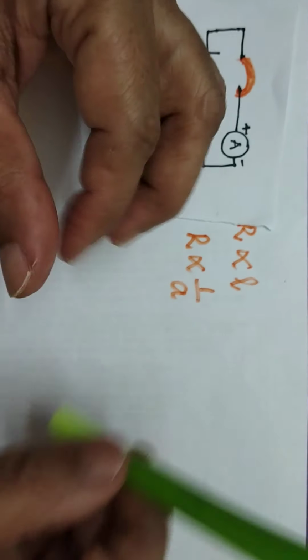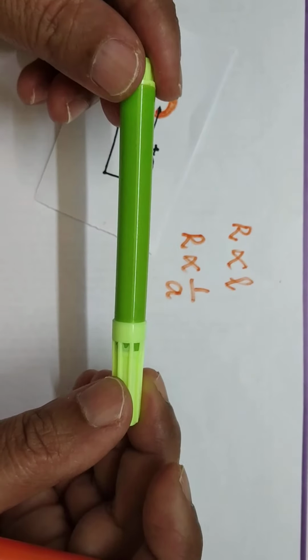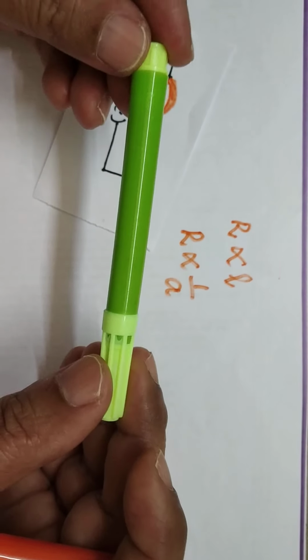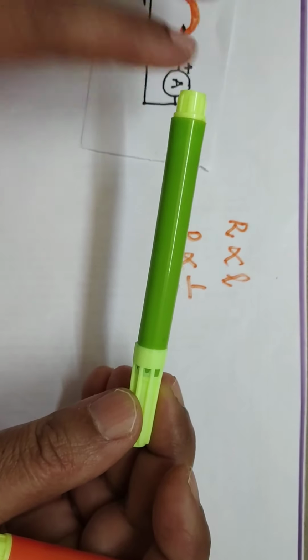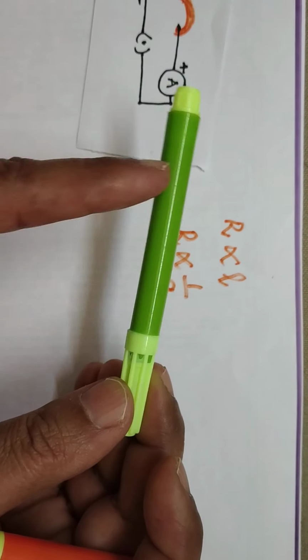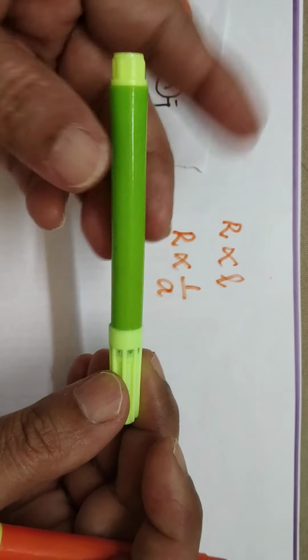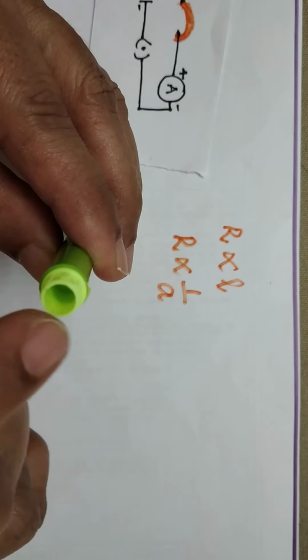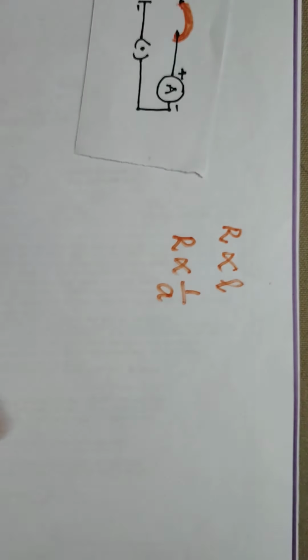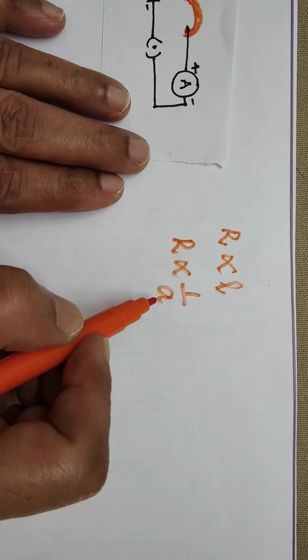Okay, suppose you take a thicker wire like this. This is very thick, therefore electrons find it easier to go through this. Obstructions found on the way will be less when the wire is thick. So it depends upon the area of cross section. So you can say R is inversely proportional to area of cross section.